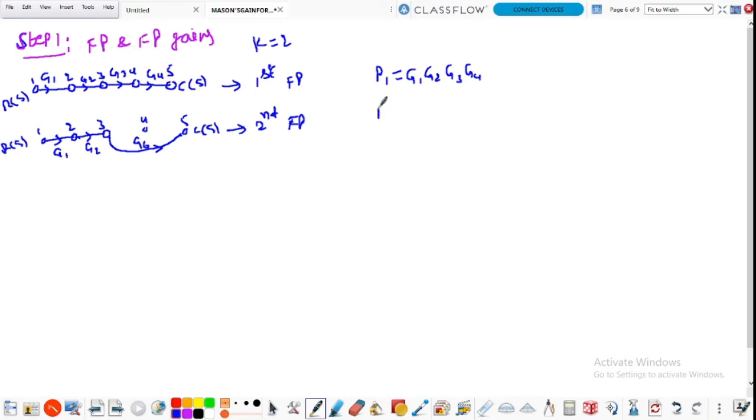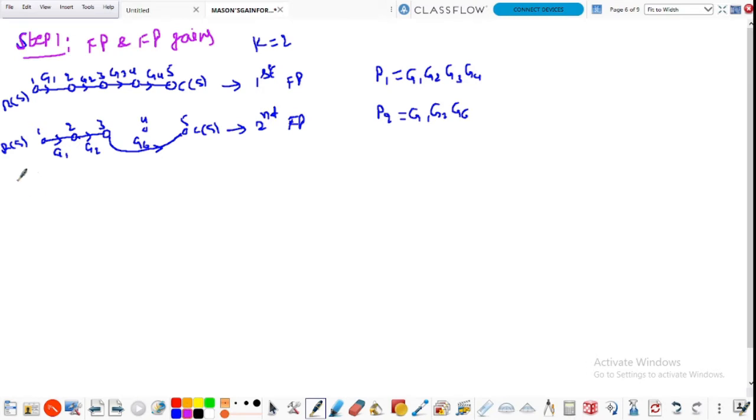And P2 is the gain of the second forward path, the product of the branch transmittances G1 into G2 into G6. P2 is equal to G1 G2 G6. And this is step 1.